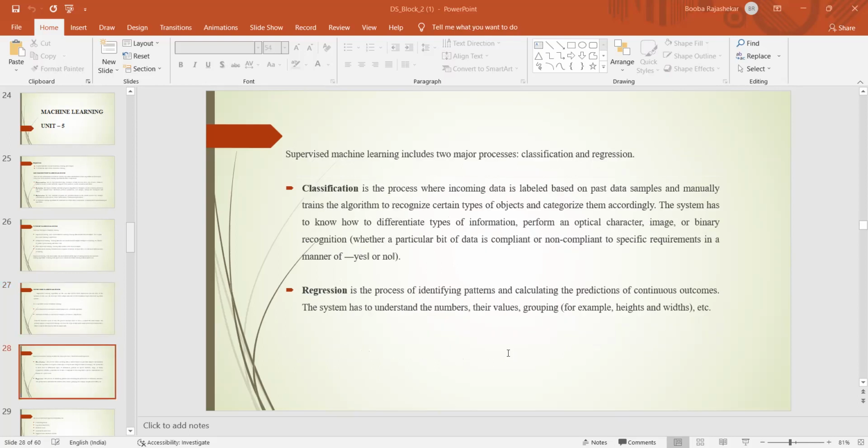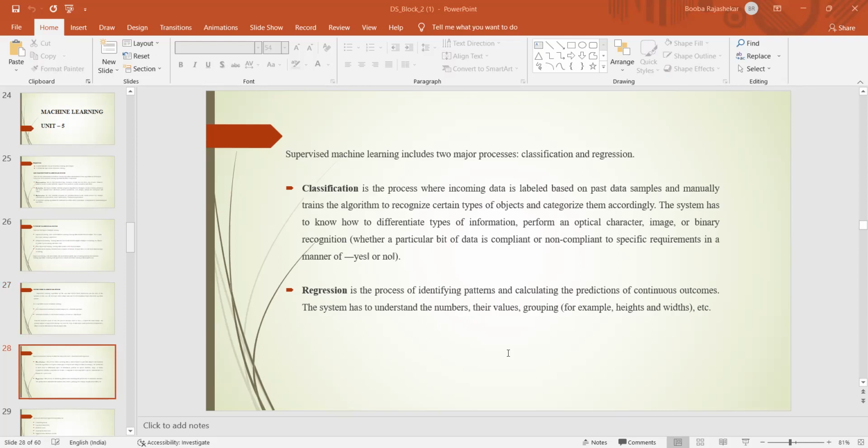Supervised learning has, first, classification. Classification is a process where incoming data is labeled based on past data samples, and the algorithm is manually trained to recognize certain types of objects and categorize them accordingly.